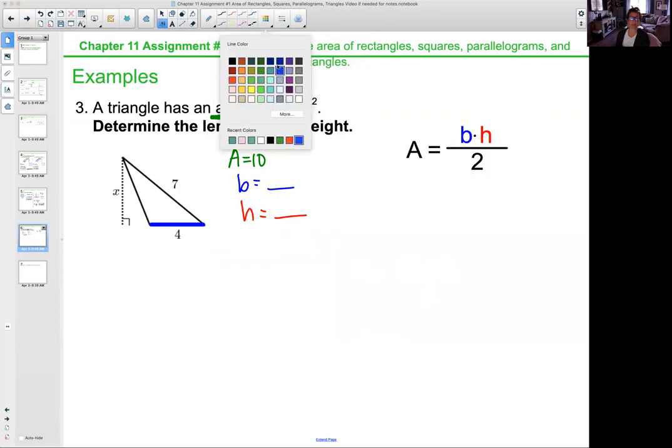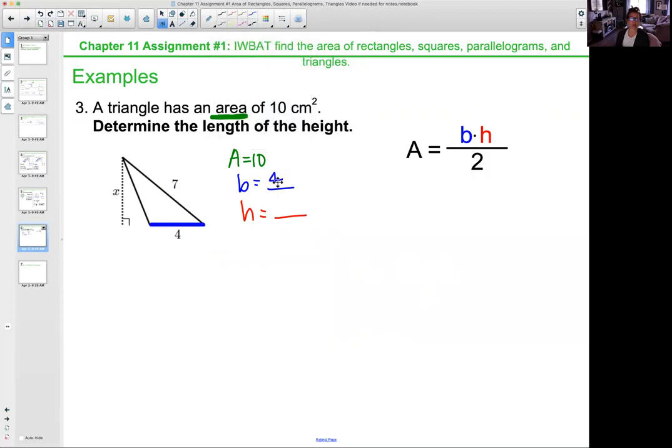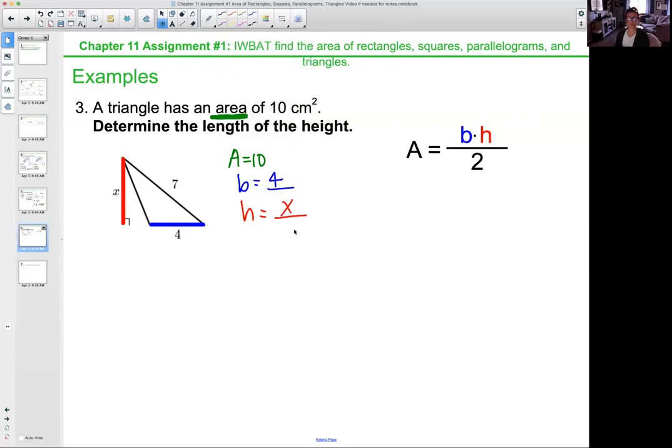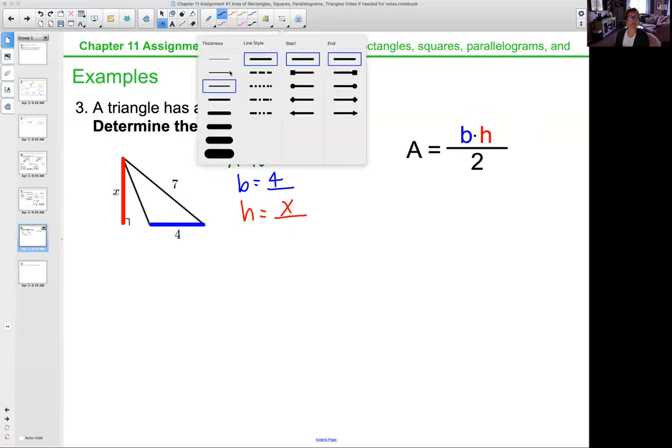And then the height is that X. That's what we're looking for. So the height is this right here, and that's what we're trying to determine. Now that we've got all this information, we can plug it into the formula.